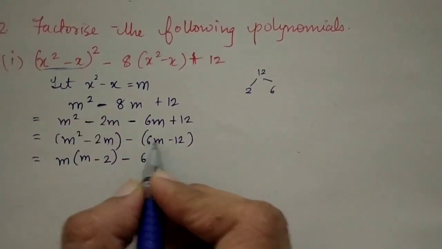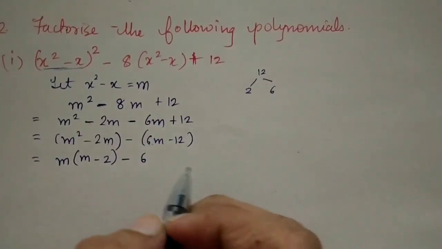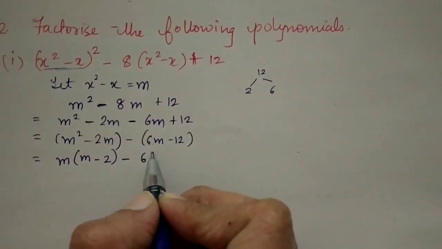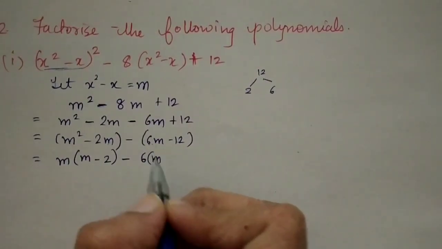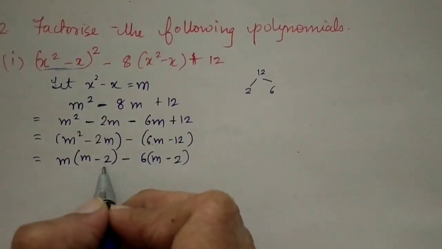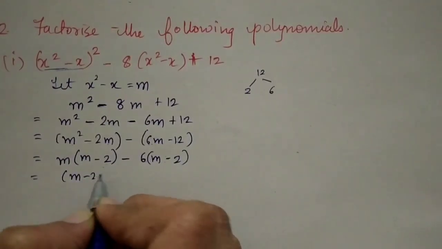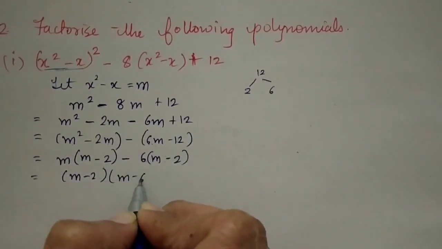Okay, so this comes in 2's table, 3's table, and 6 table, but we will take the biggest number, which is 6. Okay, so 6 into m is 6m minus 6 into what gives you 12. In short, these two brackets are always same. So m minus 2 is one bracket, and another bracket is m minus 6.